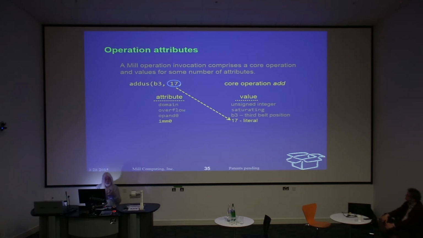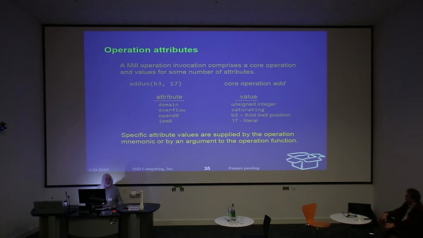We have both binary float and decimal float. These are all domains, and so on, so that what the software does, given the specification, oh, you can overflow, will produce the cross product of all the meaningful attributes as separate operations, and then figure out the optimal entropy bit pattern for expressing all of those operations on each different machine with the actual functional unit population that that particular family member has. It may be supplied by operation mnemonic or by argument.